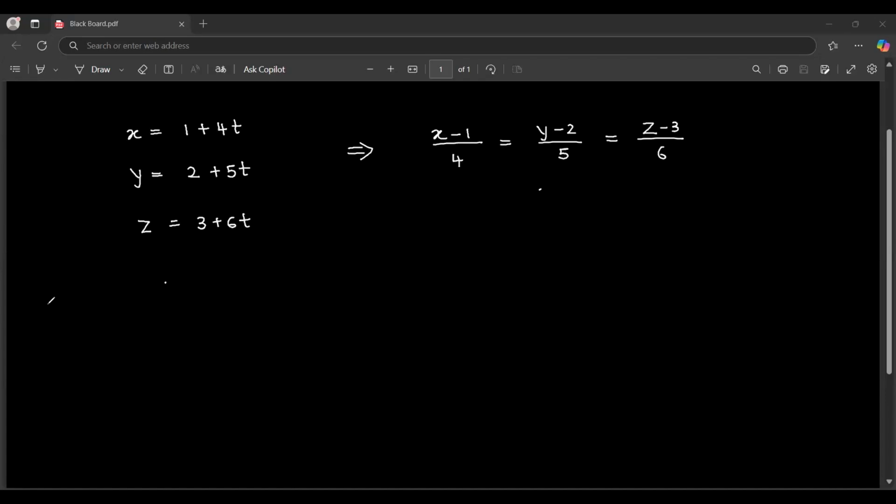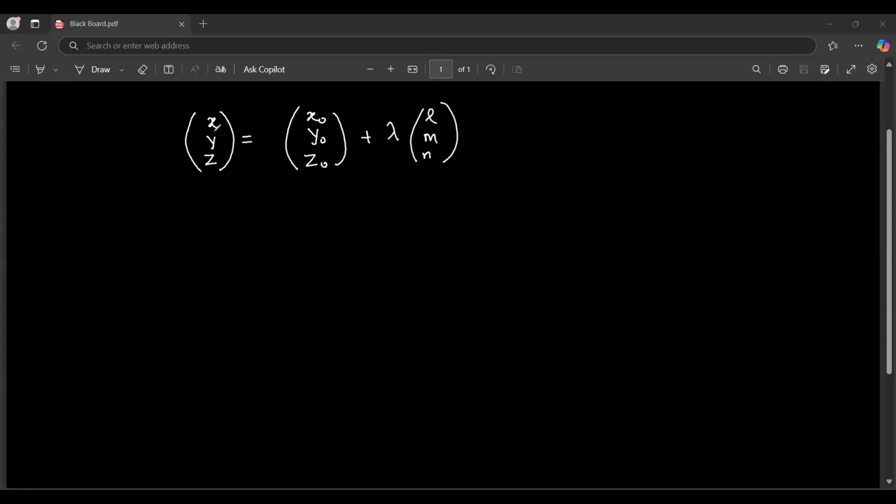Now we get back to the important one: the Cartesian equations from the vector. Let's say we have a vector like this: (x, y, z) = (x₀, y₀, z₀) + λ(l, m, n).